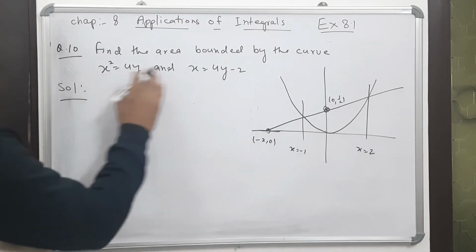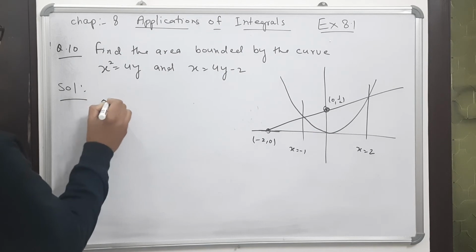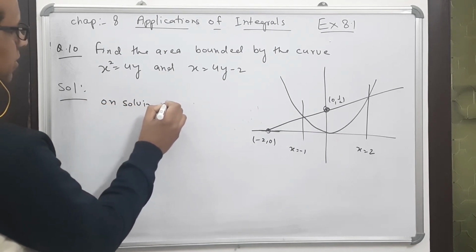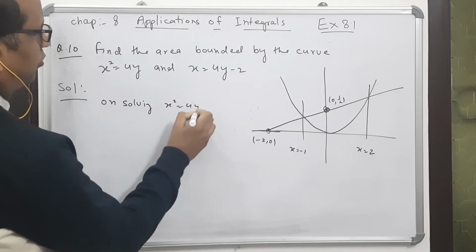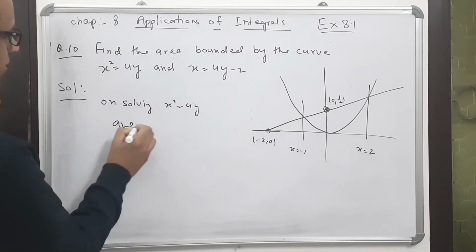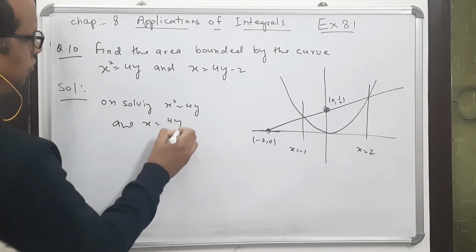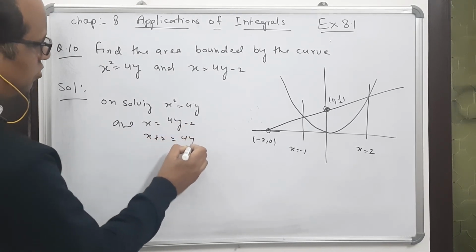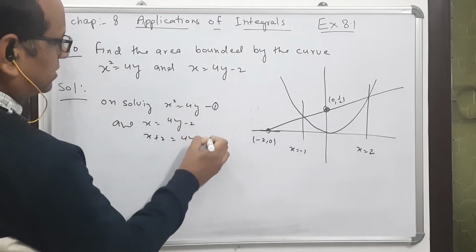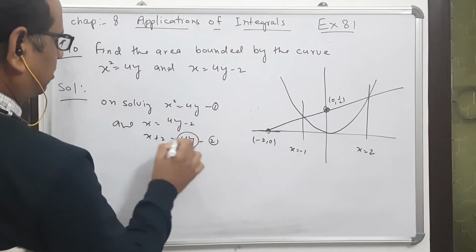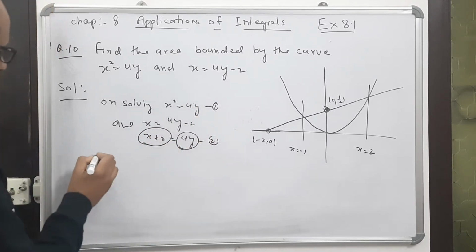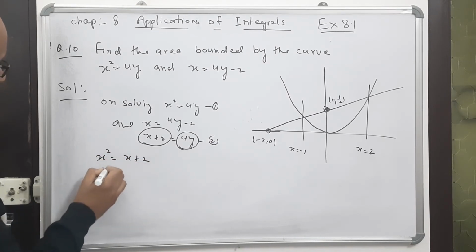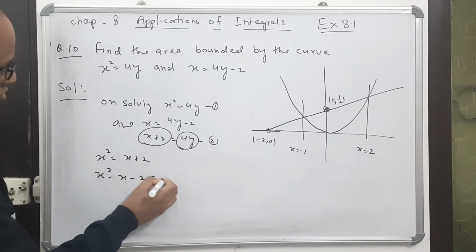Now, when we solve these two, x square equals 4y and x equals 4y minus 2, so x plus 2 equals 4y. That is the first part and this is the second part. Now instead of 4y, if I put this value, then it is x square equals x plus 2, or x square minus x minus 2 equals 0.